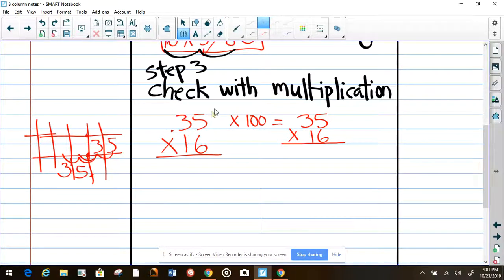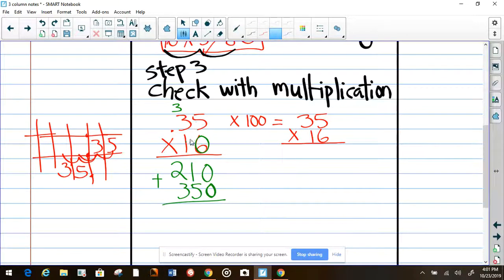So 6 times 5 equals 30. You carry 3 over. 6 times 3 equals 18 plus 3 equals 21, plus the second quotient. This now is a 0 because we multiplied it. So we multiply 10 times 35 and the answer is 350. Or you can just say 0, we write the placeholder for the tens.